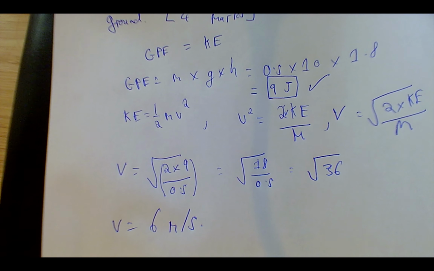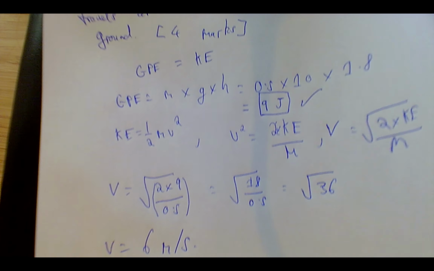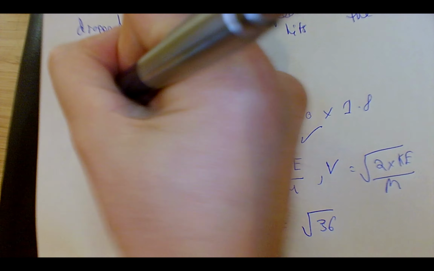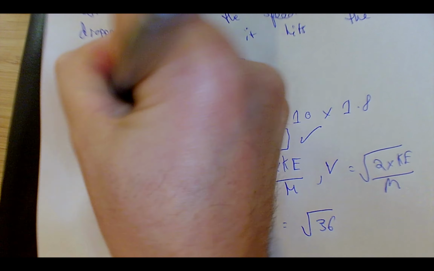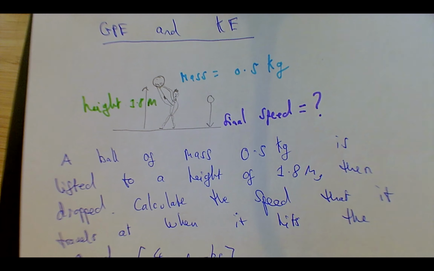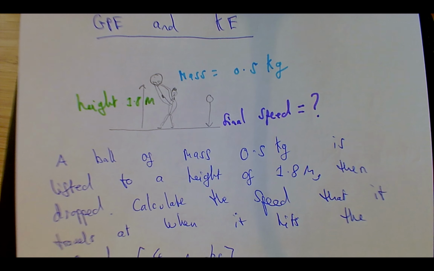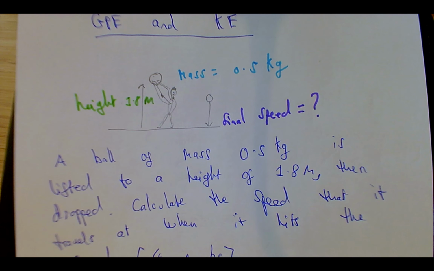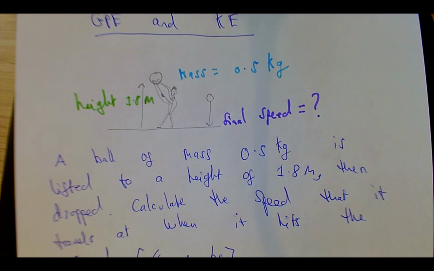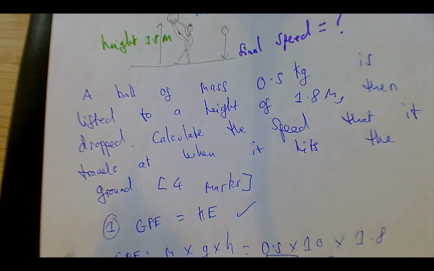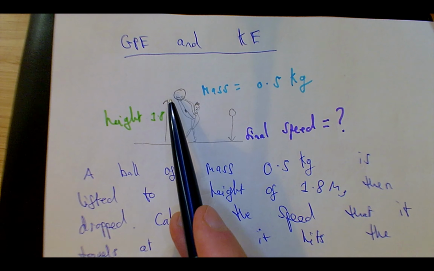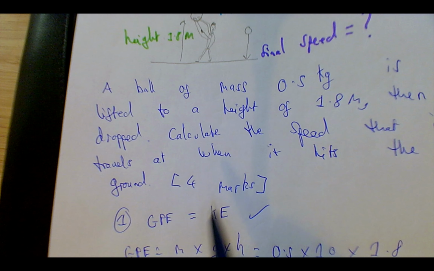So I'm just going to go through the steps we did again. The first step was to realise that the amount of stored energy in that ball, gravitational potential energy, assuming there are no losses due to friction as it falls, is going to be the KE we ended up with.